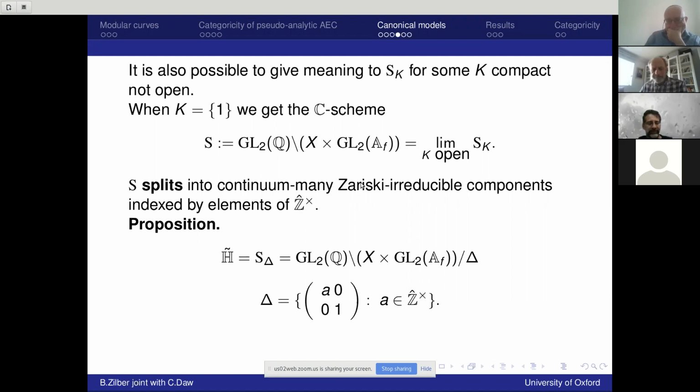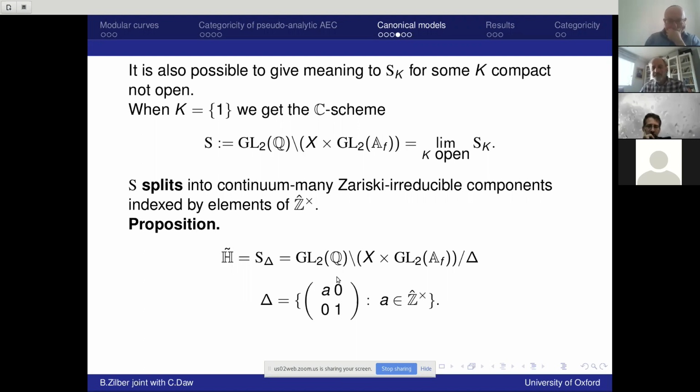Now it turns out that in this way you can describe this H tilde, our homogenized version of the upper half plane. H tilde is simply what you get when you take this and factor it by this diagonal group.